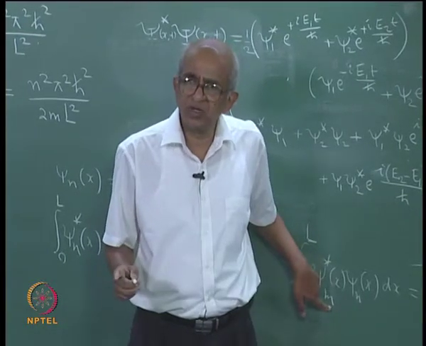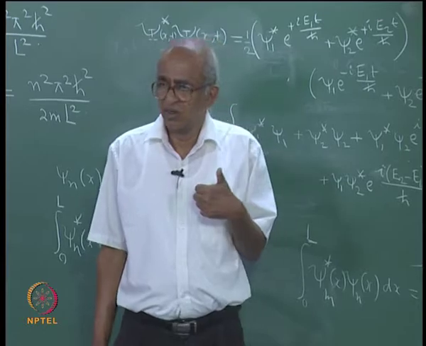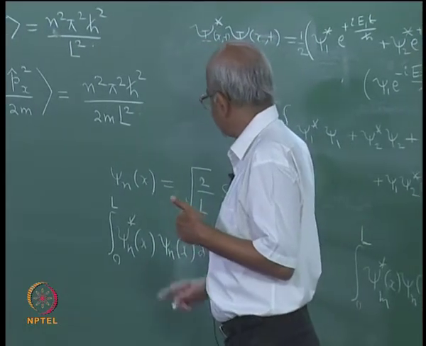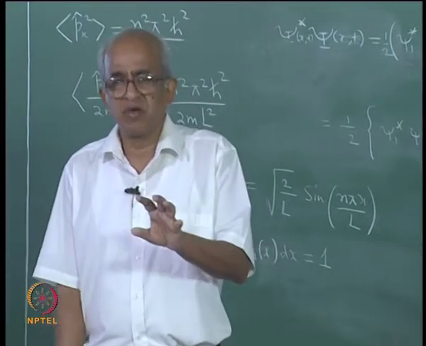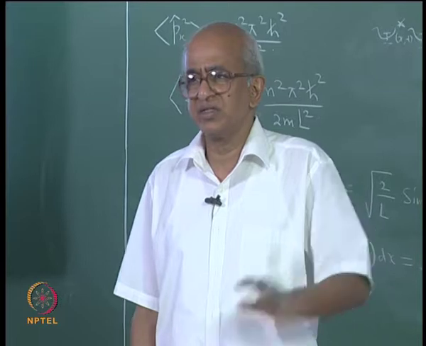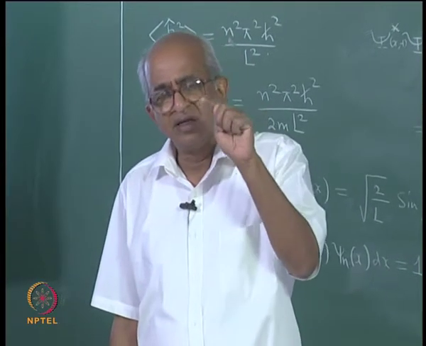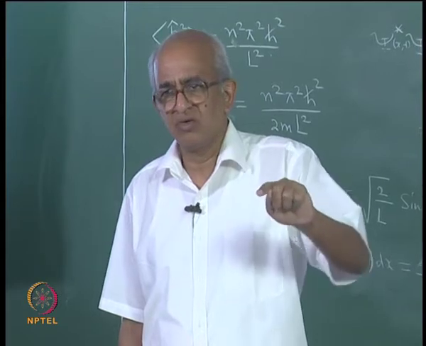If m is equal to n, the answer will be 1. So, this set of functions psi 1, psi 2, psi 3, psi 4, etc., have the property that each one of them obeys the normalization condition, and each one of them is orthogonal to all the others.